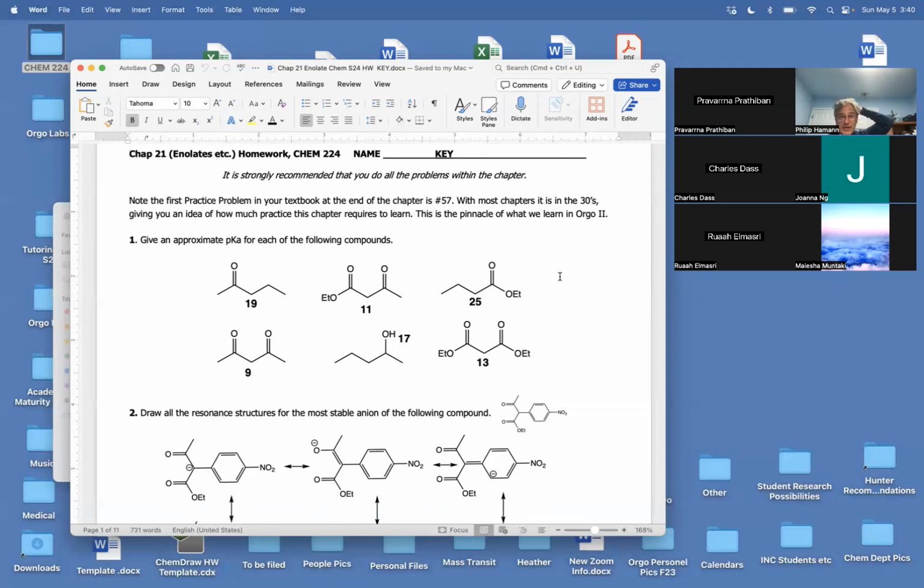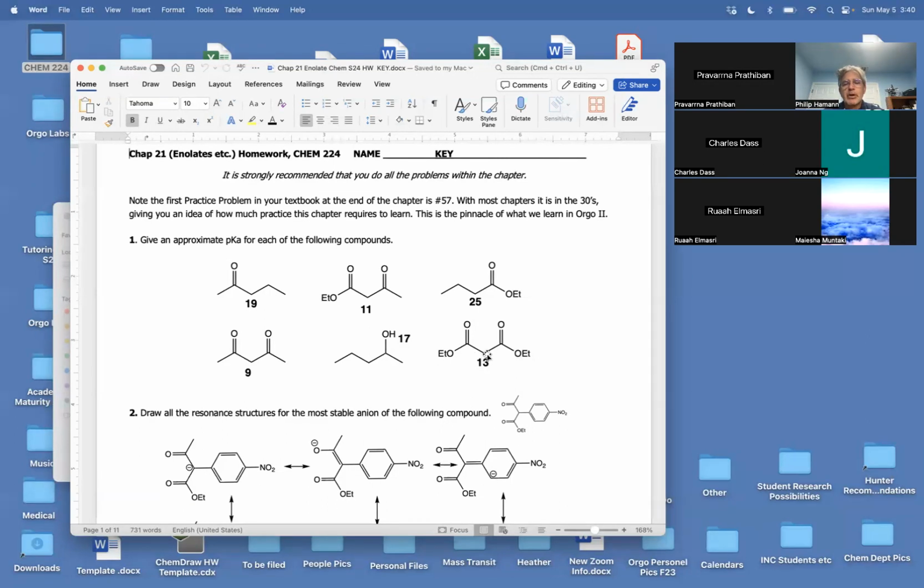Okay? And now you've got the triple ones. So if a ketone's more acidic than an ester, then the diketone is going to be the most acidic. The ketoester is going to be next, and the diester is going to be the least. Because they're doubly stabilized, they're now more acidic than the alcohol.